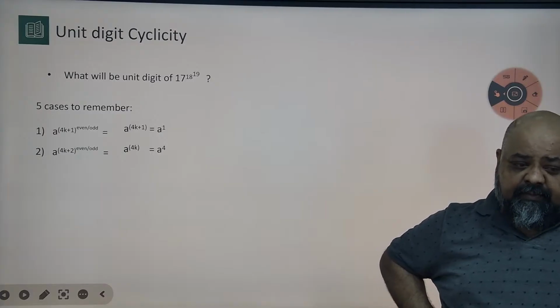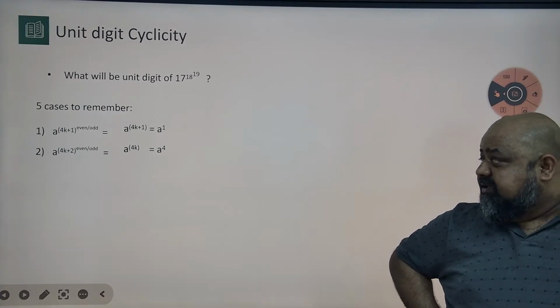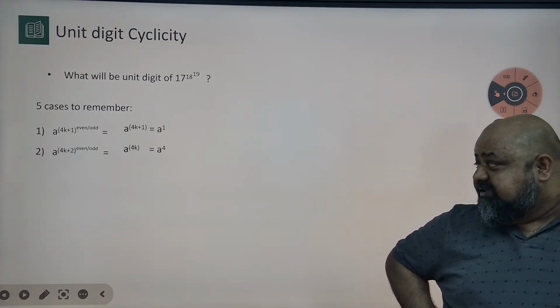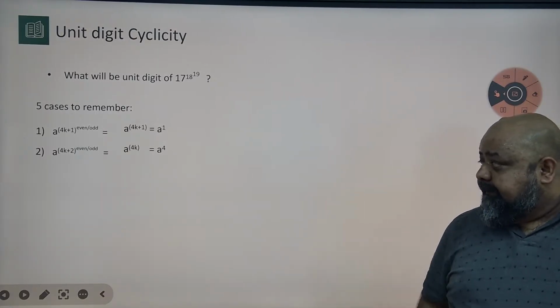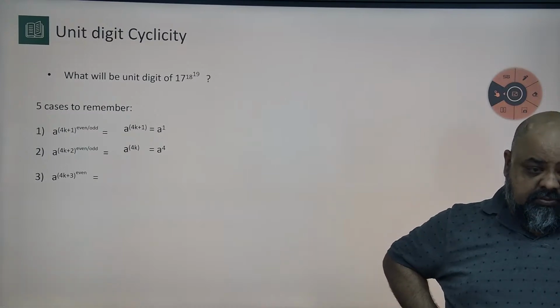So far, in the first two cases, the second power, whether even or not, gave the same answer. When the first power is 4k plus 3, I get two different cases. A raised to power 4k plus 3 raised to power even.